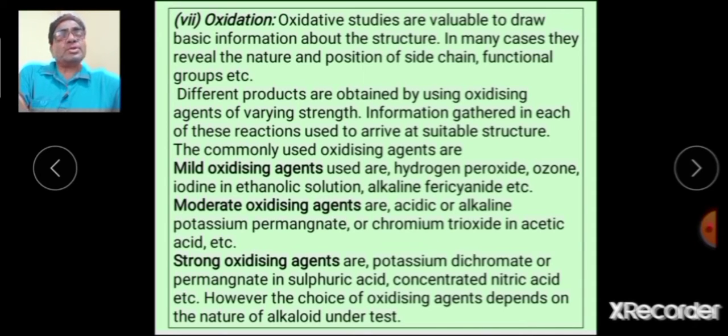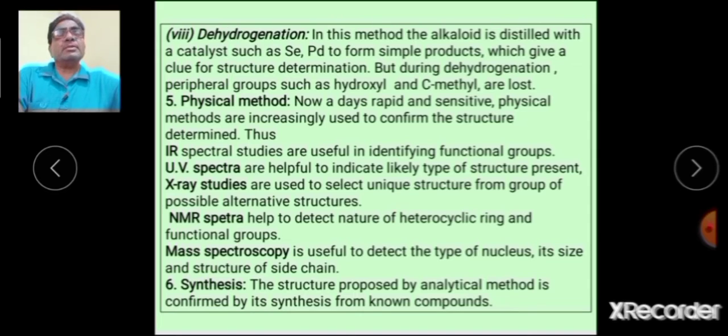For strong oxidation, strong oxidizing agents like potassium dichromate or potassium permanganate in sulfuric acid, and concentrated nitric acid are used. However, the choice of the oxidizing agent depends on the nature of the alkaloid under test.